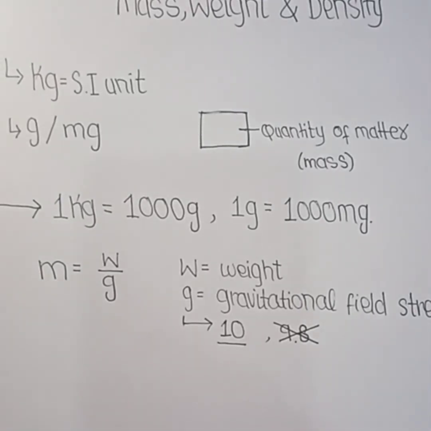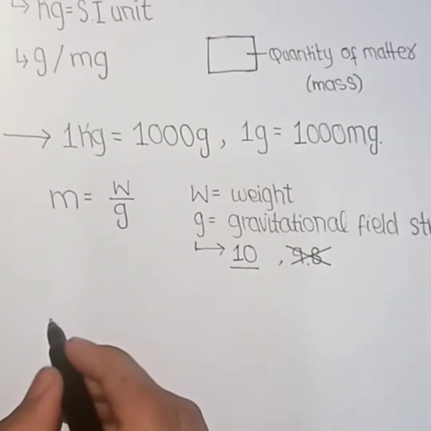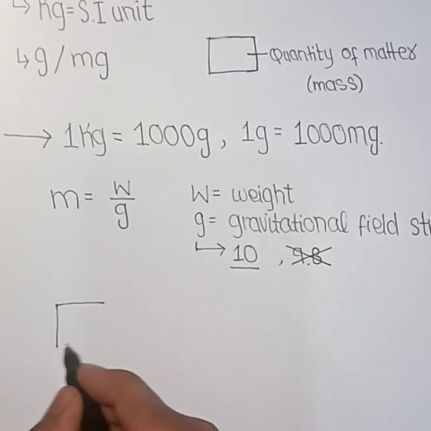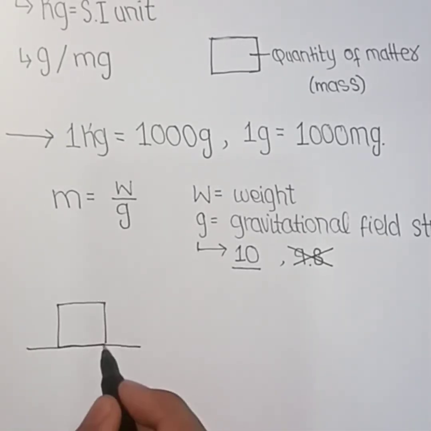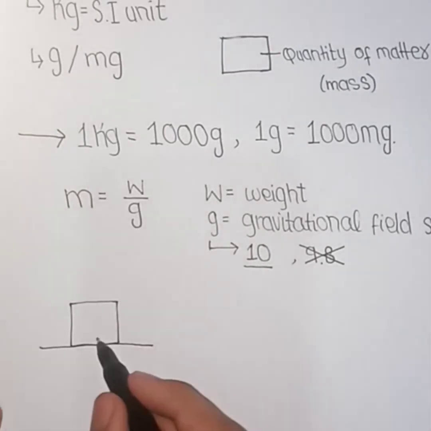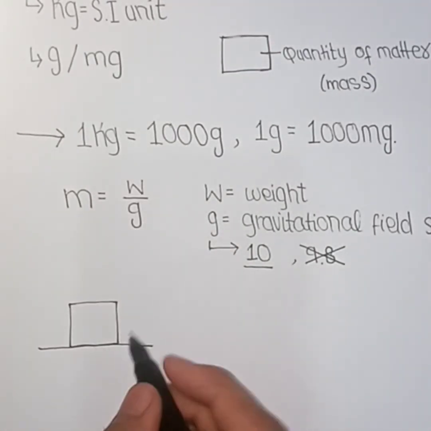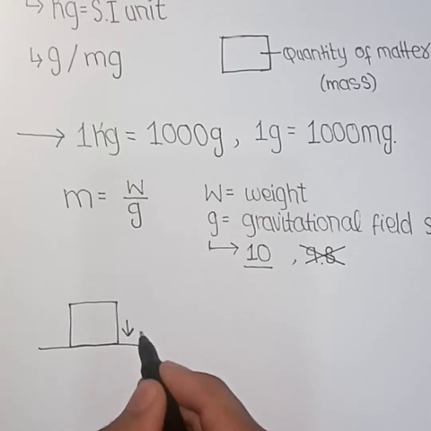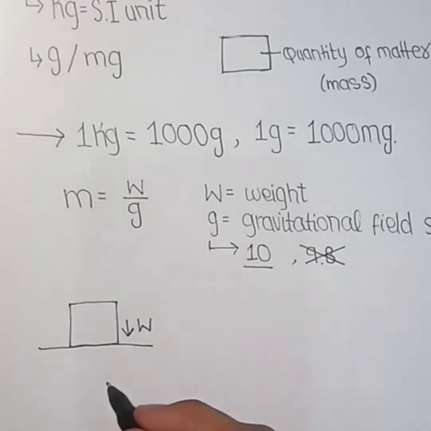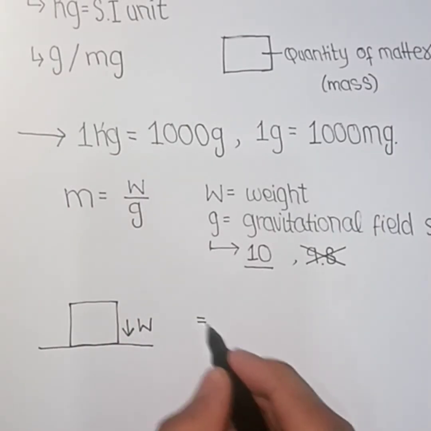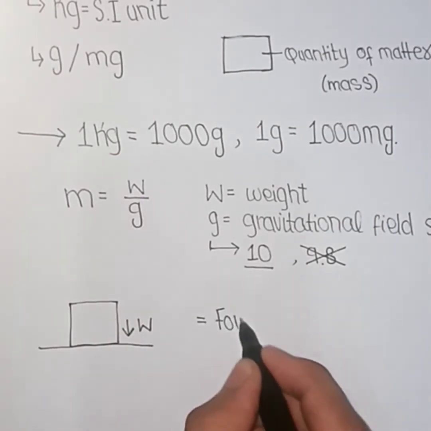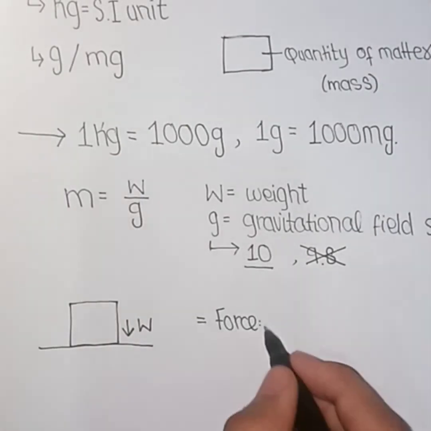Okay, how is this formula created? We need to understand. This is an object on a surface. It has its own weight, so it applies weight downward.